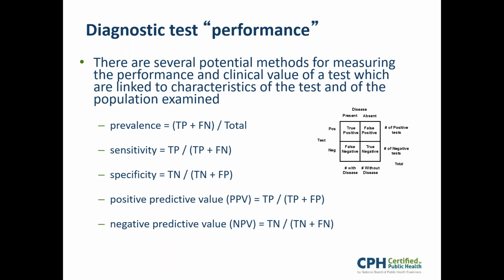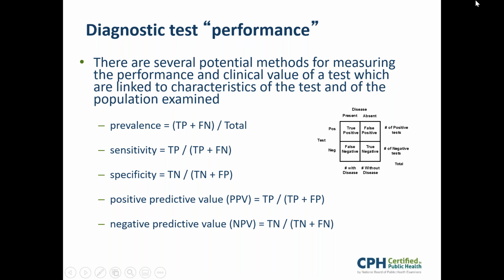The first thing that we need to know is the prevalence of the disease. If you look at the 2x2 table, we're looking at the true positives and the false positives across the top two cells, and false negatives and true negatives in the bottom two cells.